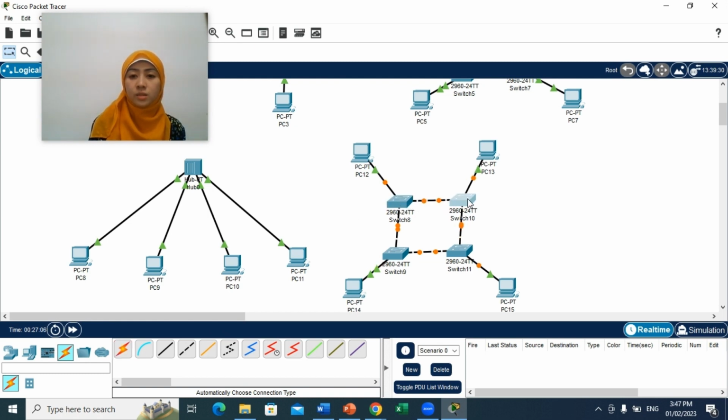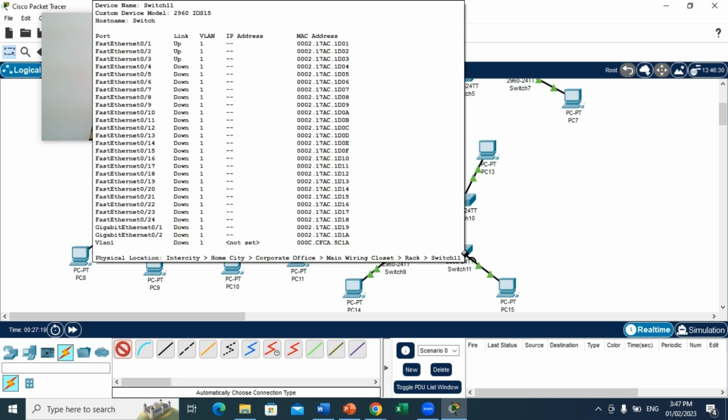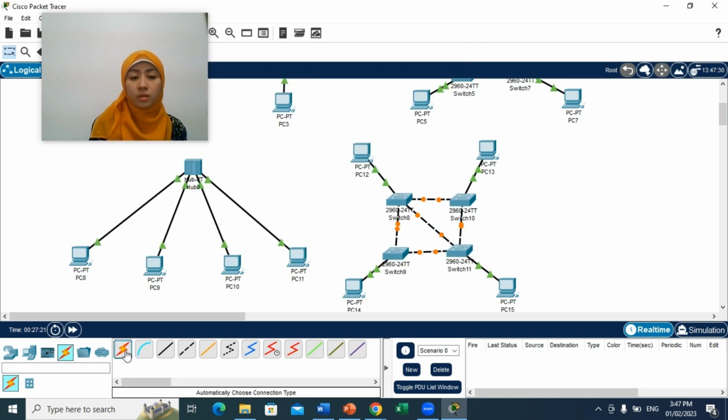Okay. So as you can see, it looks like a ring topology, but how it will make a mesh topology is I need to connect the other switch crossover, and this one here. So there you go. We have already our mesh topology.